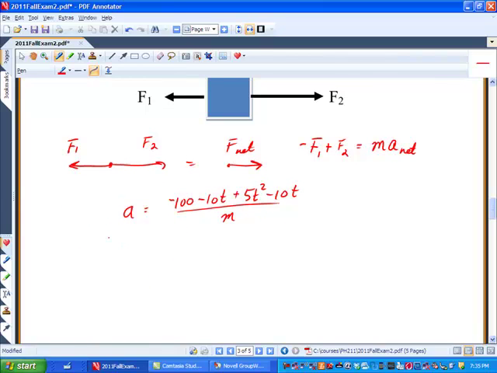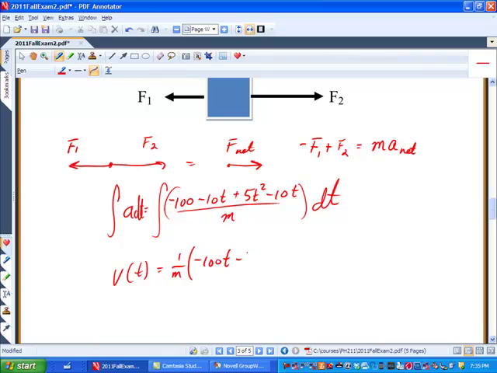When we integrate this with respect to t on both sides, that gives us that velocity as a function of time is going to equal, okay, watch my calculus as we go through, minus 100t, subtract 5t squared, add 5/3 t to the third, minus 5t squared.